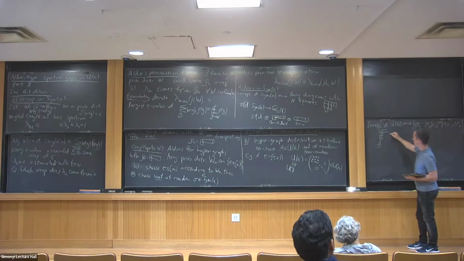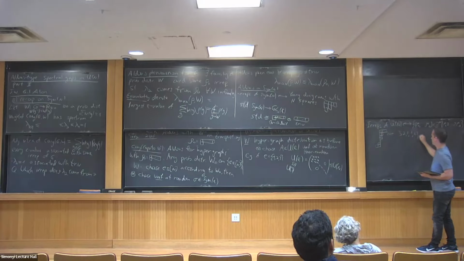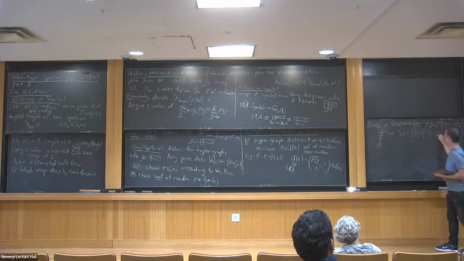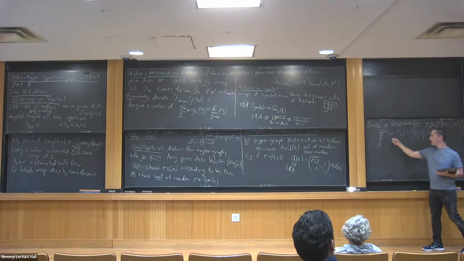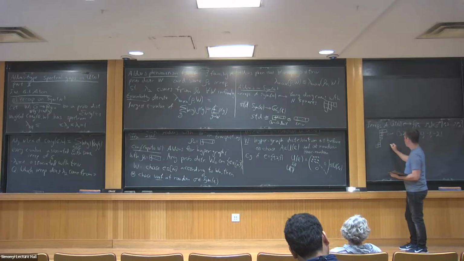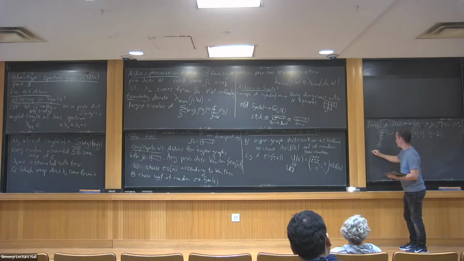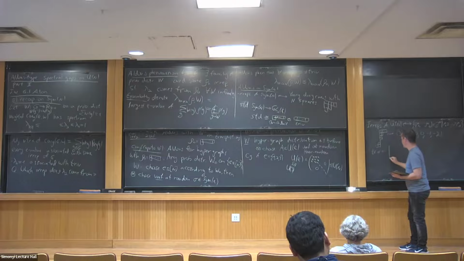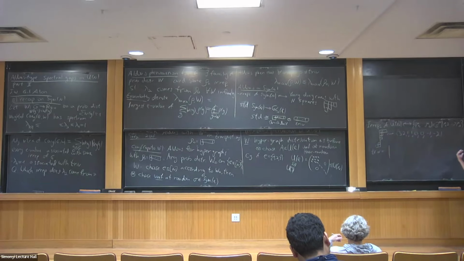This corresponds to 3, 2, 1, 1, 0, 0, minus 1, minus 2. I think it will be easier to draw this diagram than to write this sequence of numbers, which is just a way to think about these sequences. And let me remind you, the trivial representation is just this line, so it's zeros.